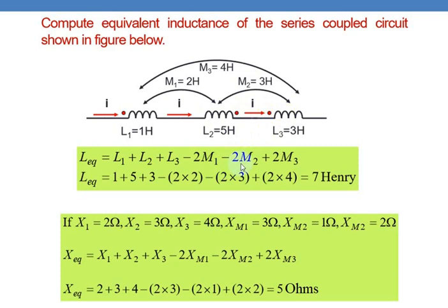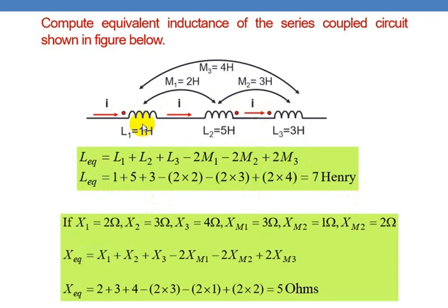Again, you have to write minus 2M2. But for coils L3 and L1, you can see that in both the coils current is entering at the dotted terminal. If current is entering at the dotted terminal in both coils, or leaving the dotted terminal in both coils, then you have to write plus. So plus 2M3. Substitute the values.